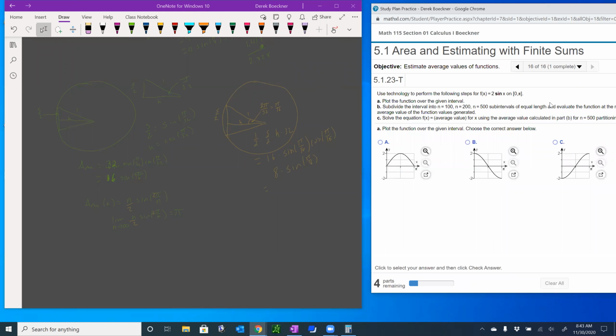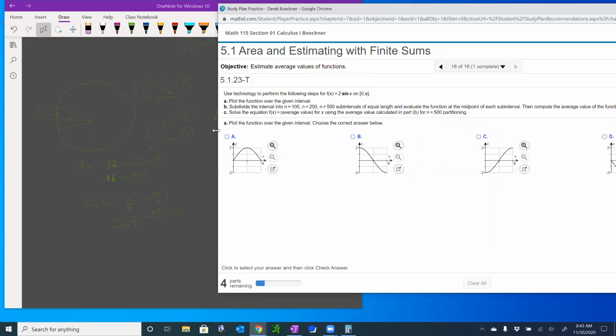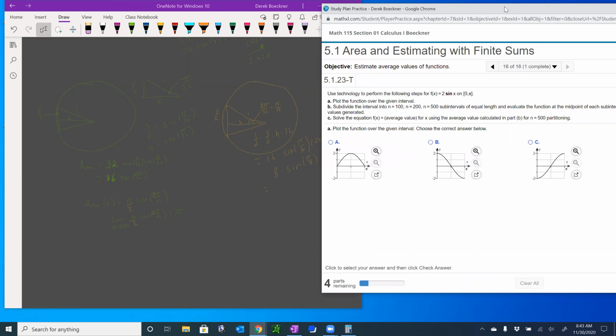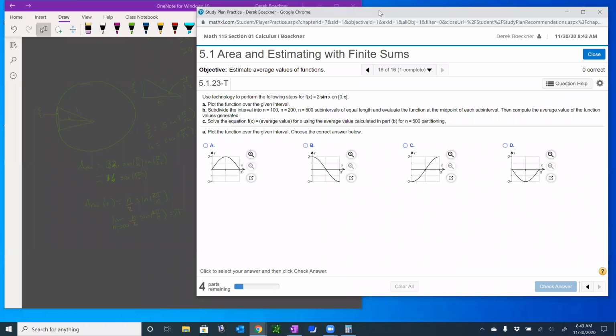Is the other one similar? Okay, let's try this one too. Two times the sine of x on 0 to pi.